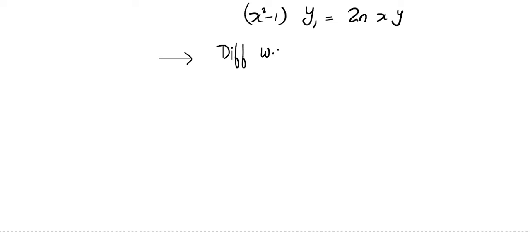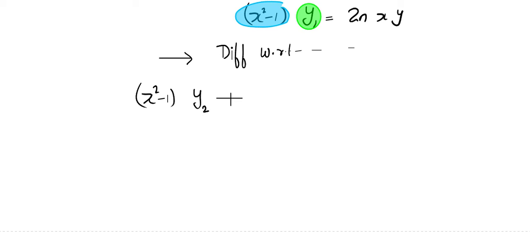Ready to differentiate? In the exam, you must write differentiating with respect to x on both sides. I'll put two colors for you so that you will be able to focus on the product rule. You can see the product, blue into green. So we get (x square minus 1) times the derivative of the green one, y2, plus y1 into, what is the derivative of x square minus 1?